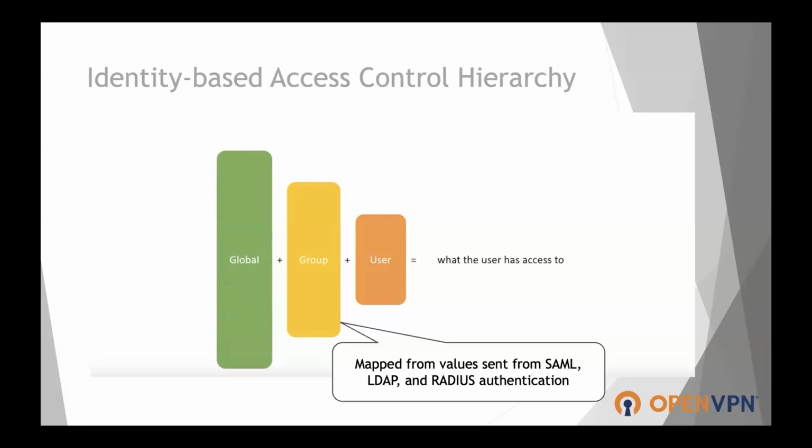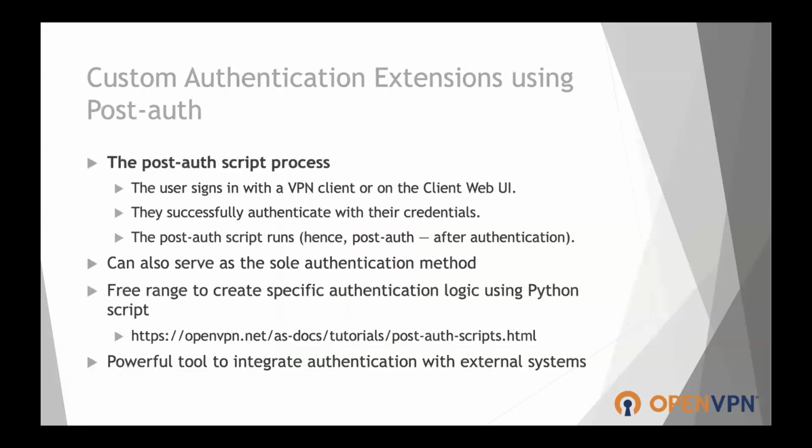So basically, when a user connects to Access Server, all of these access controls have an additive effect. The user will get access to everything that's allowed at the global level, at the user group level, the user group to which that user belongs, and also set for that specific user.